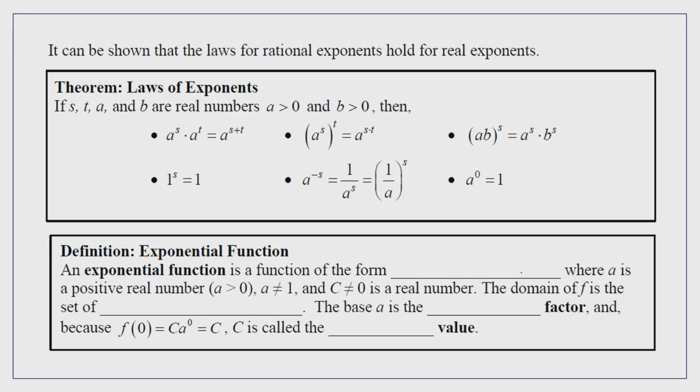The definition for an exponential function states that an exponential function is a function of the form f of x equals c a to the power x, where a is a positive real number, meaning greater than 0, a does not equal 1, and c does not equal 0 is a real number. The domain of f is the set of all real numbers.